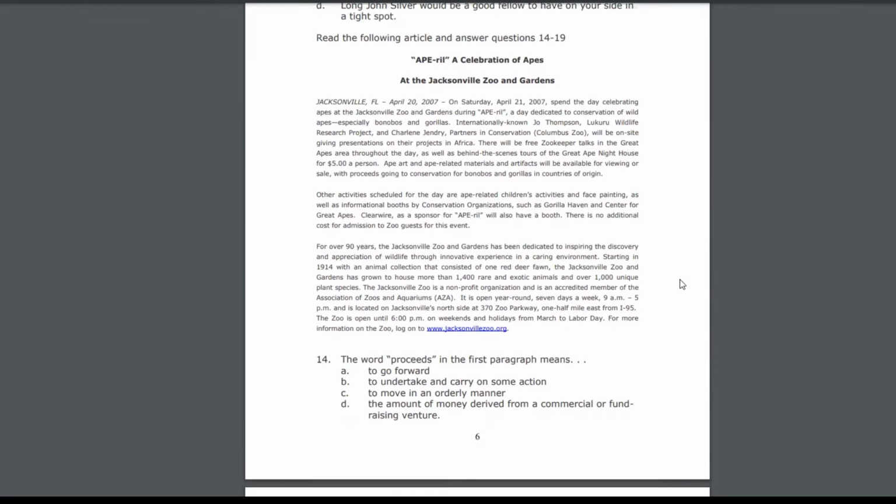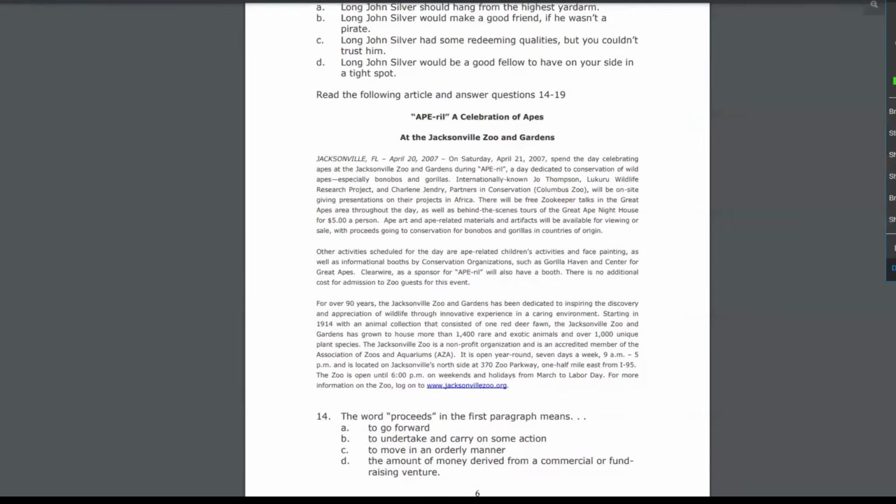So if we go and find face painting, all right, it says other activities scheduled for the day are ape-related children's activities and face painting, as well as informational booths by conservation organizations.